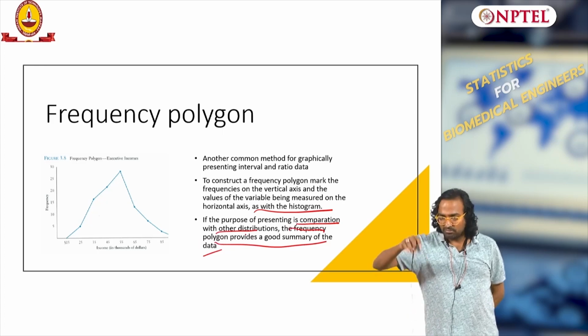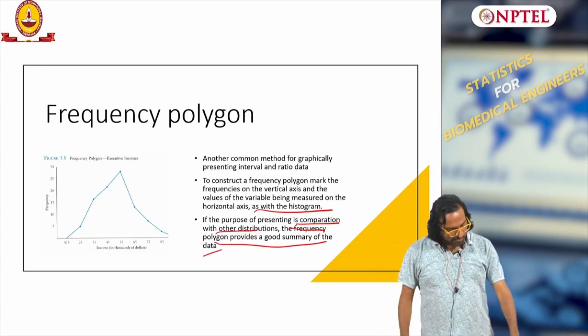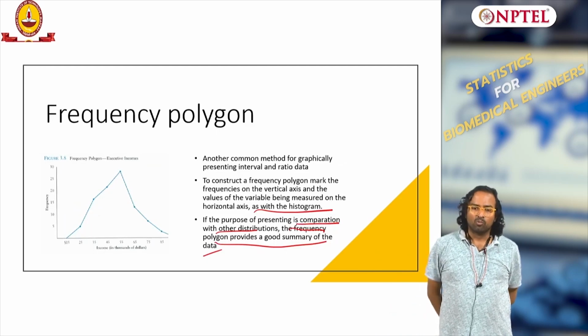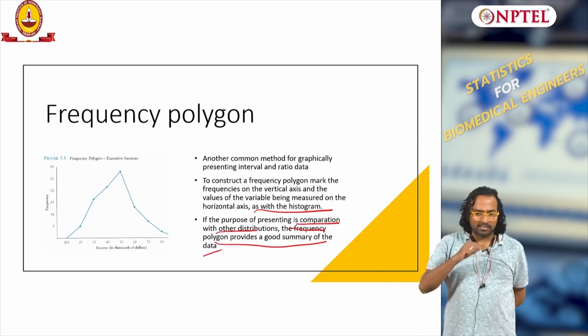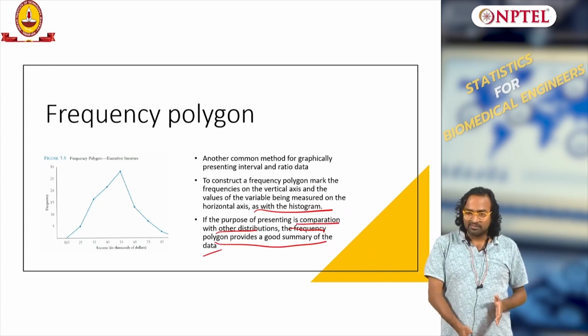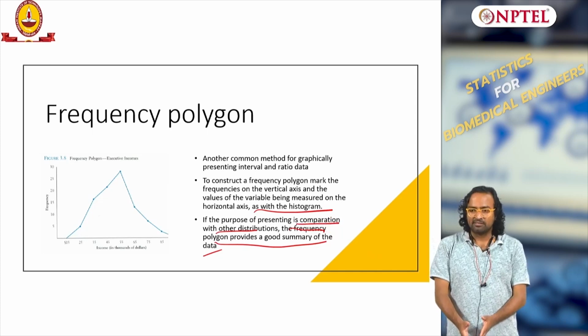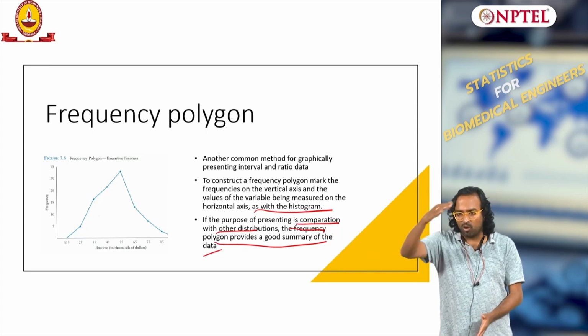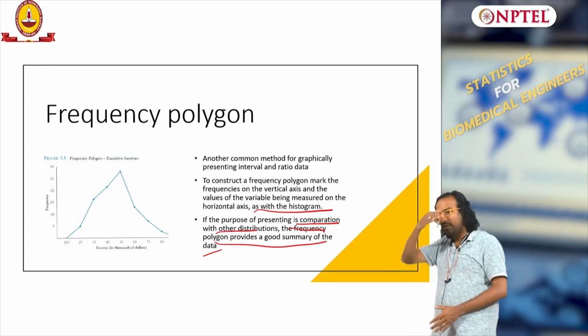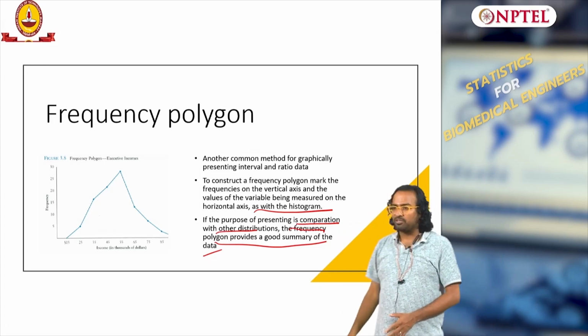Compared to this one, this is close to somewhat normal, in the sense both sides are equally distributed, and the mean is like the center, somewhat aligned. So, the frequency polygon gives you the outline of the frequency distribution.